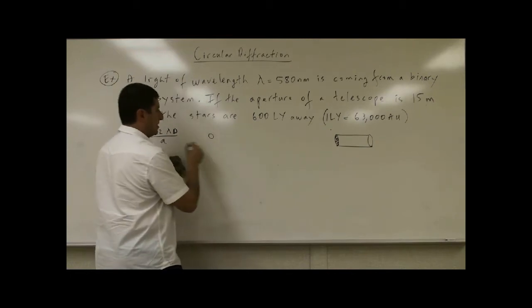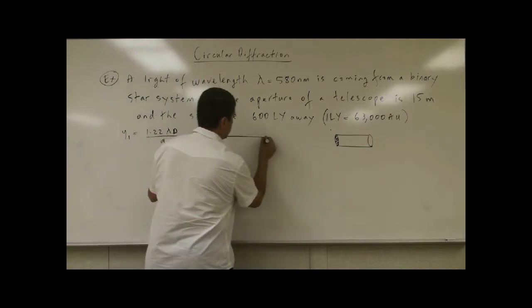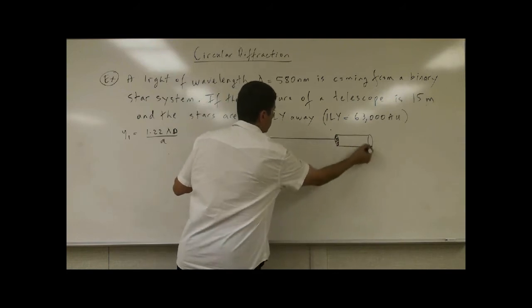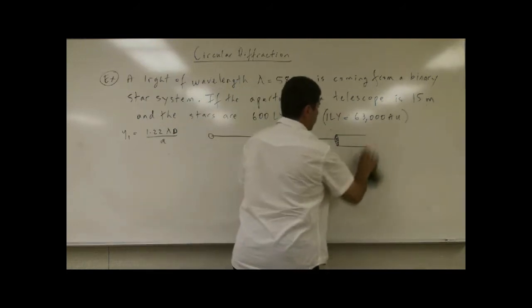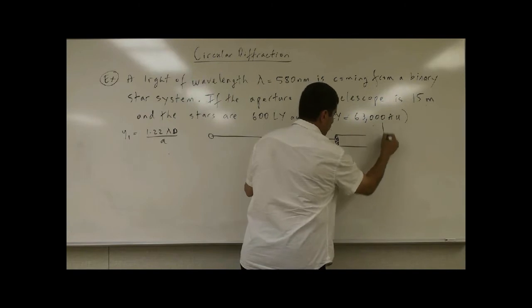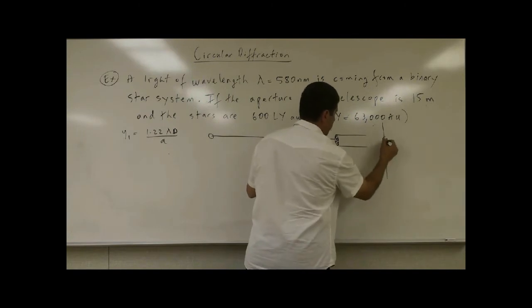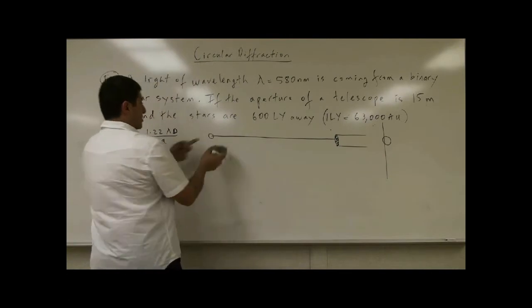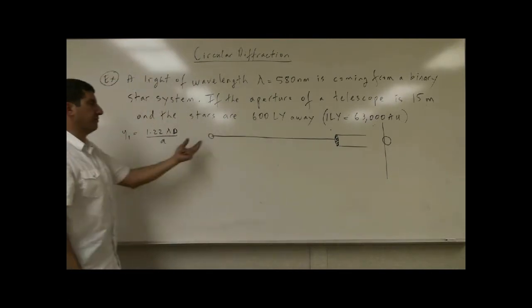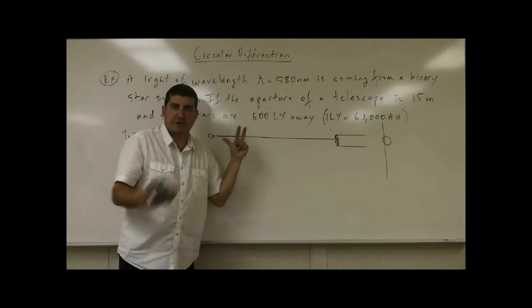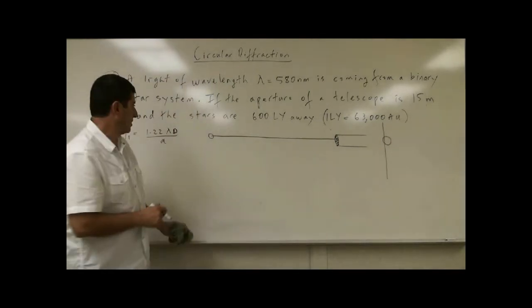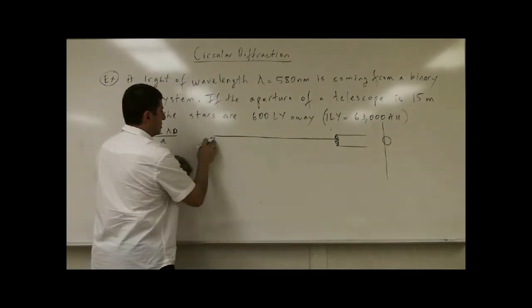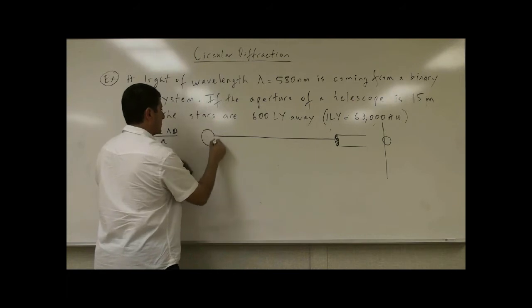So, for example, let's focus on one of the stars now. The light will go through, and then it'll have a pattern here. Let's just draw a screen here in the back, and you'll have a pattern like this. Of course, the star is much farther away, but I'm just trying to fit it into the size of the board. So now let's draw this star a little bit bigger, like this.